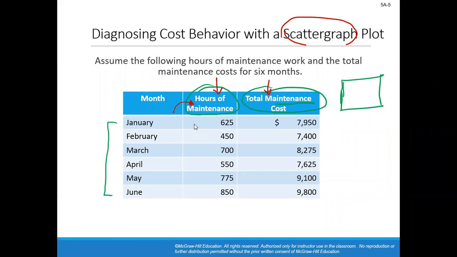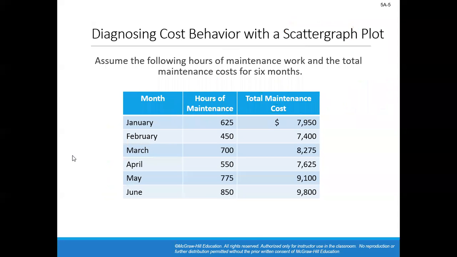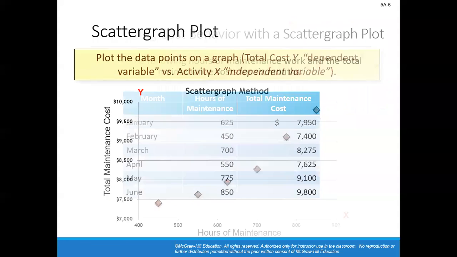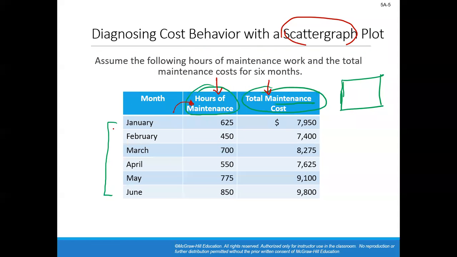The independent variable is our activity base, which is hours of maintenance. Okay. So if we think of the first data, this one, January, hours of maintenance was 625 hours, and the total maintenance cost is 7,950.